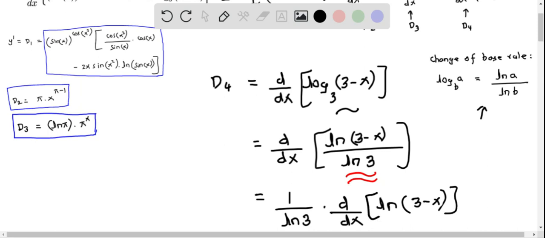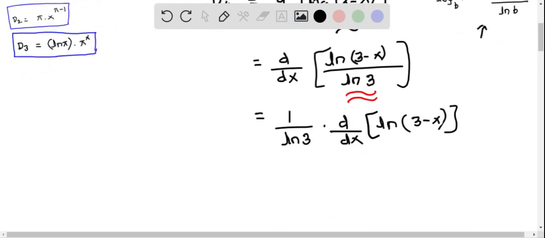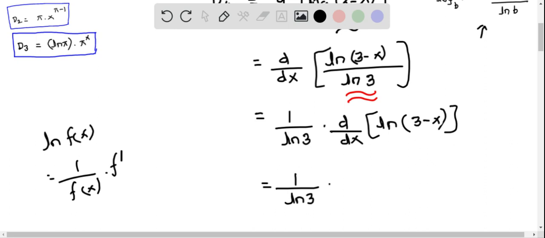So we now find the derivative of natural logarithm of 3 minus x. So I write down 1 over natural logarithm of 3. The derivative of natural logarithm of f of x is basically 1 over f of x multiplied with f prime of x. So this is the derivative of natural logarithm of f of x. So therefore we apply this formula.